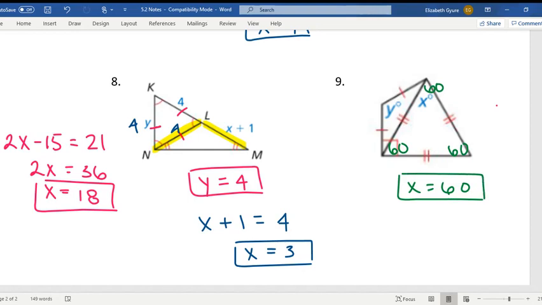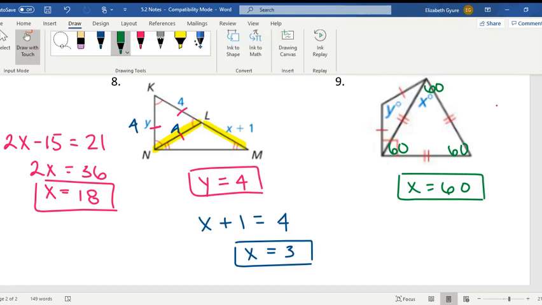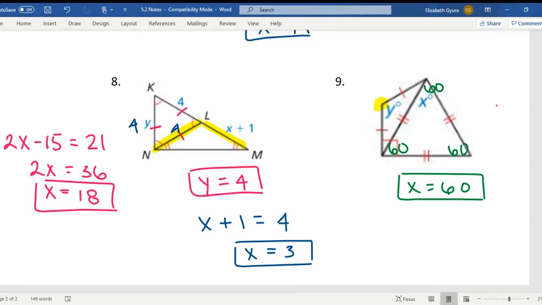Well, that's great and all, but I still need to find y. And y is up here. It's actually that vertex angle of my isosceles triangle. I don't know any of the measurements in that little isosceles triangle, but could I use some of the information we just found out to work my way up to that part of the picture? Anna, you look like you have an idea.